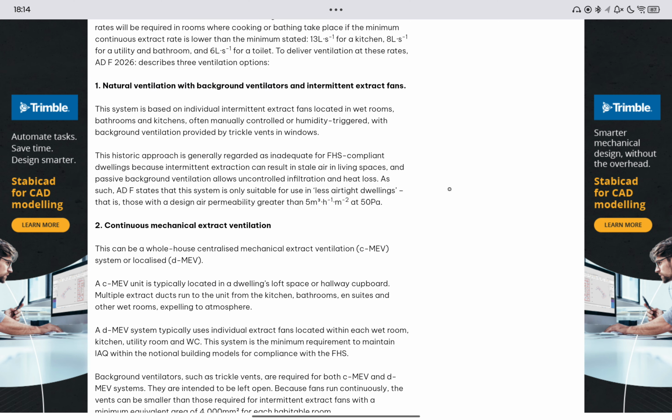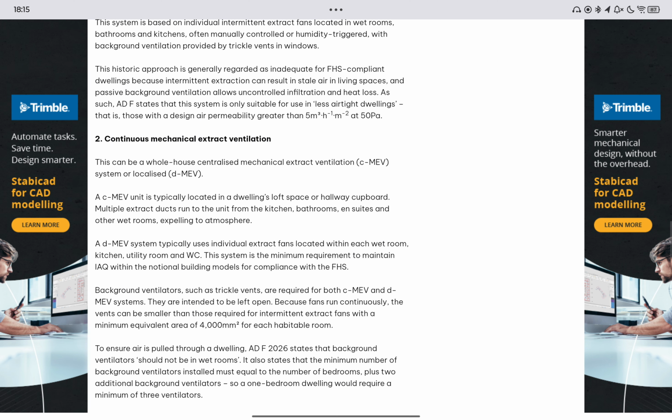This historic approach is generally regarded as inadequate for FHS compliant dwellings because intermittent extraction can result in stale air in living spaces and passive background ventilation allows uncontrolled infiltration and heat loss. As such, ADF states that this system is only suitable for use in less airtight dwellings, that is, those with a design air permeability greater than 5 metres cubed per hour per metre squared at 50 pascals.